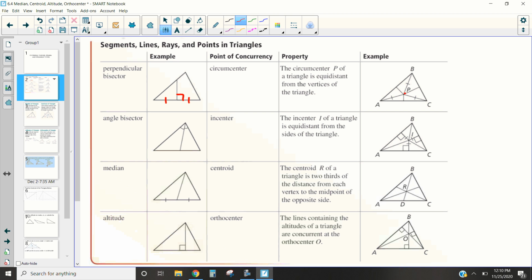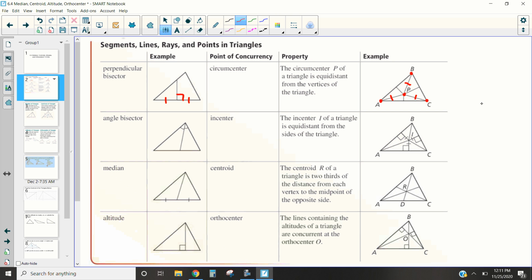So here, right here, this point P is our circumcenter. And notice how it's exactly equal distance from our vertices. It doesn't matter which vertex we're looking at, whether it's point A, B, or C. Whichever vertex we're looking at, it's equal distance from those, which is really interesting and cool.